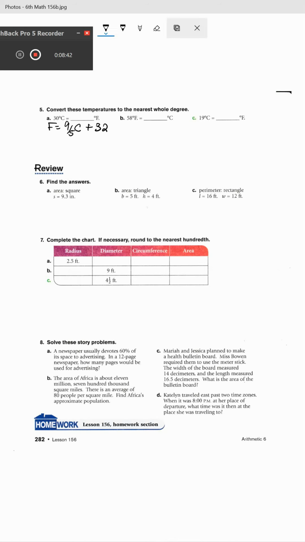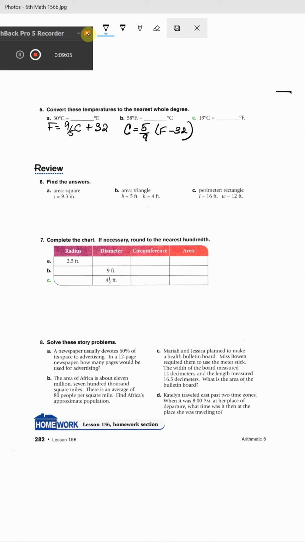The next one, you're looking for Celsius. In that one, we don't do this part first. We take the Fahrenheit, minus the 32 first, and then do it times 5/9. These are easy.